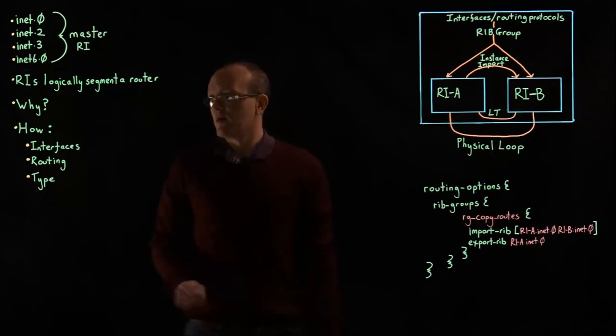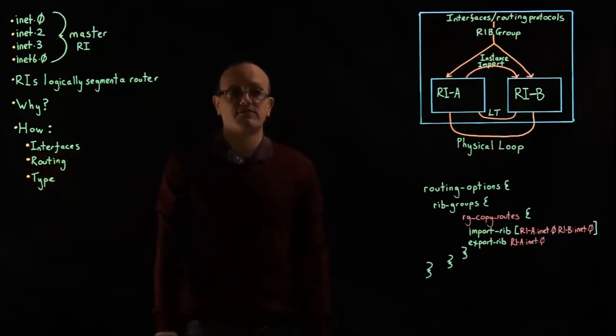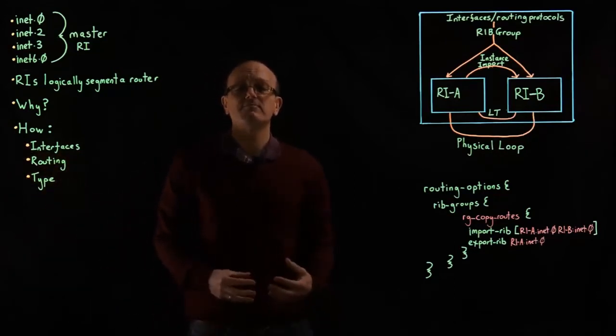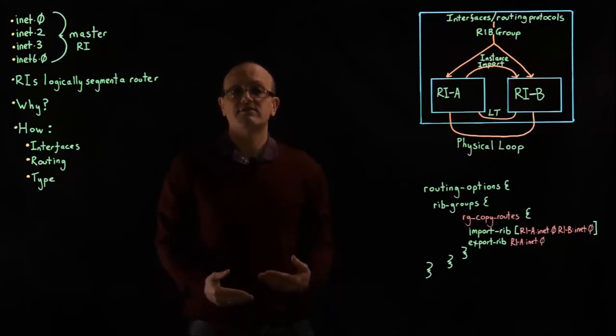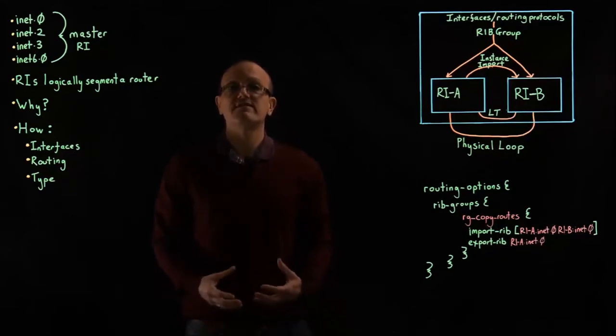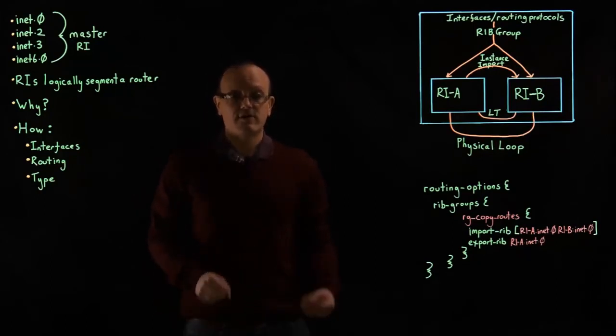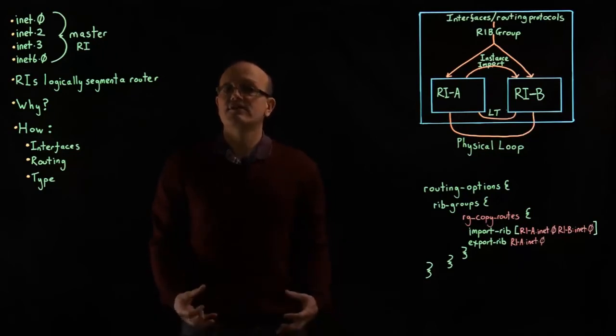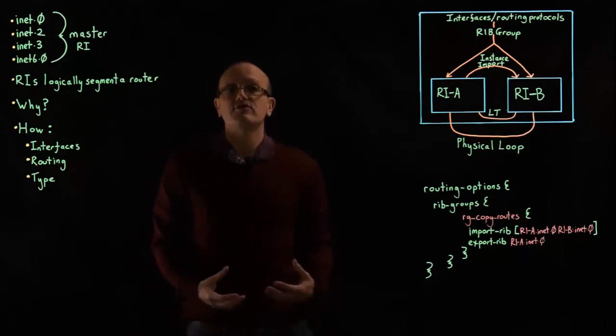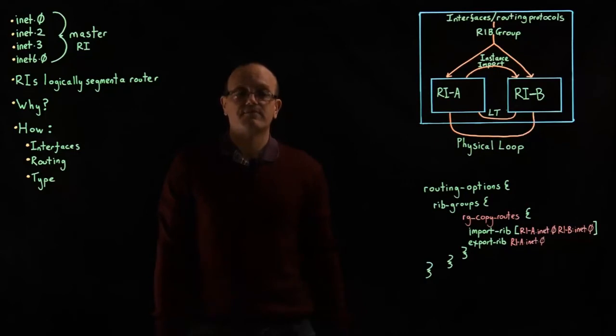And finally, we need to configure the type of the routing instance. And the type of the routing instance is tightly linked with the reason why we're deploying those routing instances in the first place. If we're just creating logically separated routing tables, then we would use a virtual router type.